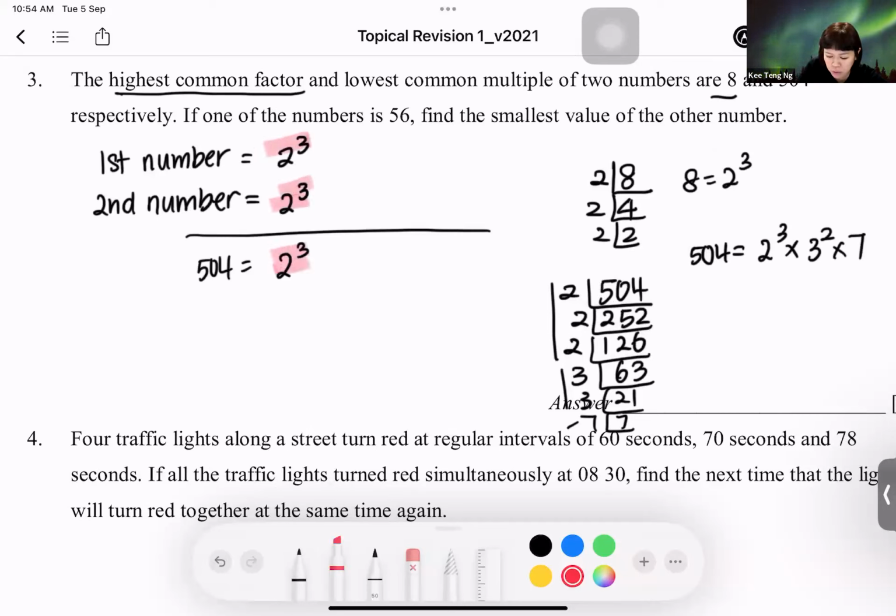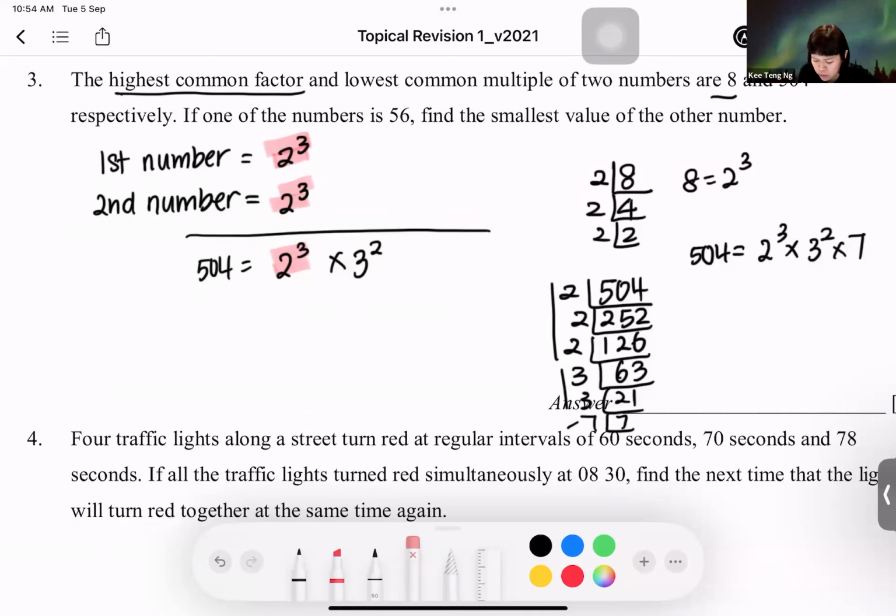Every one of them has 2 cubed, so there'll be no other number higher than 2 to the power of 3. Next, 504 also includes the factor 3 squared, meaning either the first number or the second number must have a 3 squared. So I'm going to try to put 3 squared somewhere.